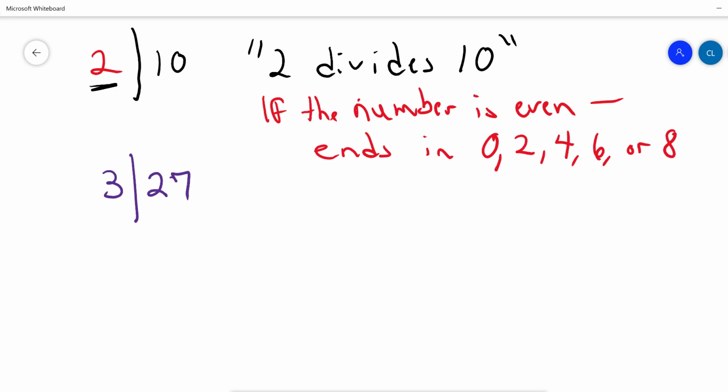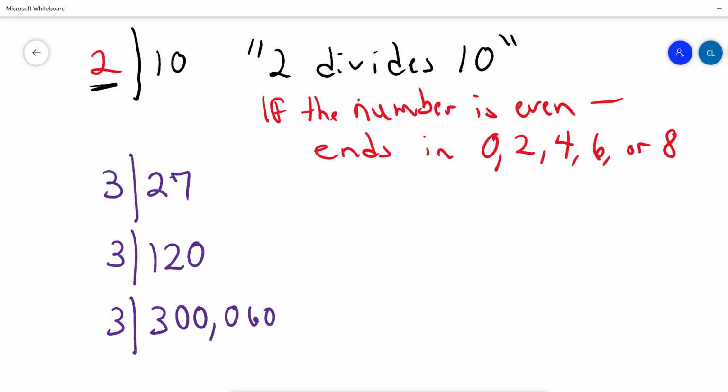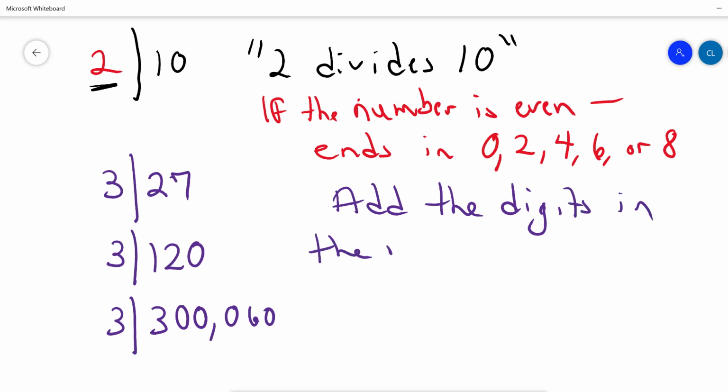3 divides 27. We could also say that 3 divides 120. I can say that 3 divides 300,060. In all of these cases, 3 divides these numbers, or they're divisible by 3. The rule for 3 is you add the digits in the number you are checking. If that sum is divisible by 3, then the entire number is.